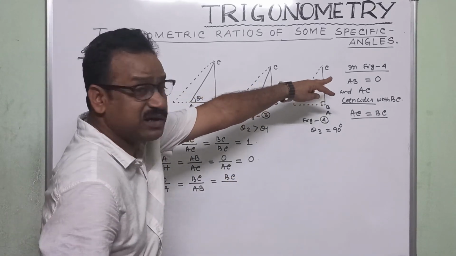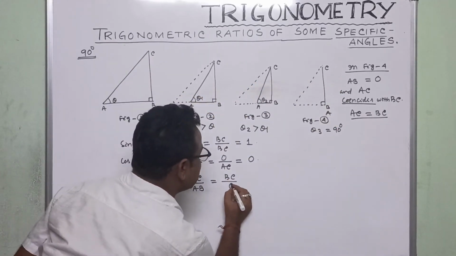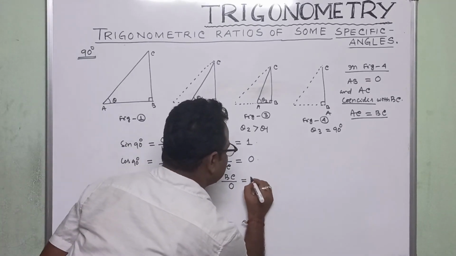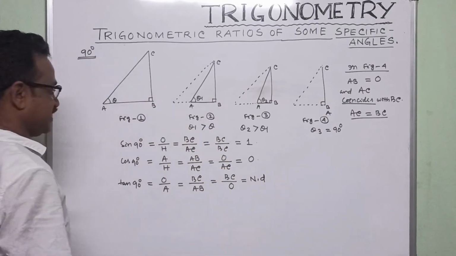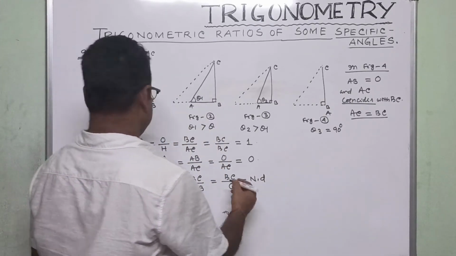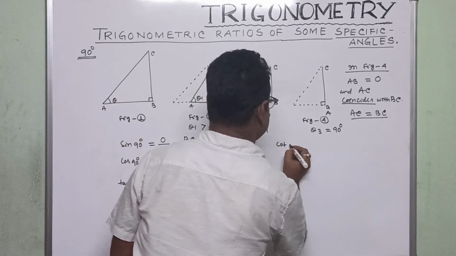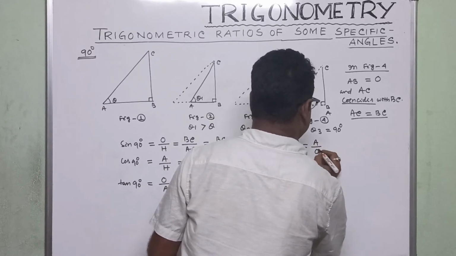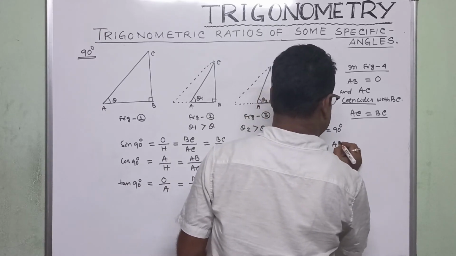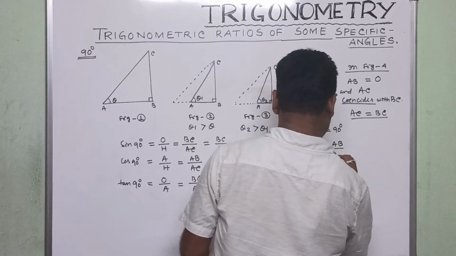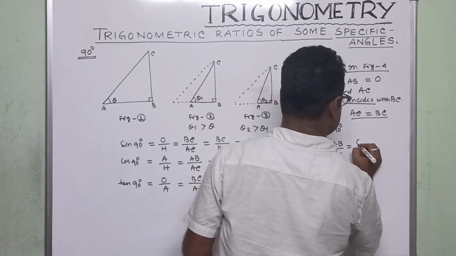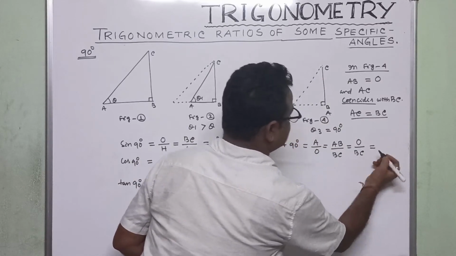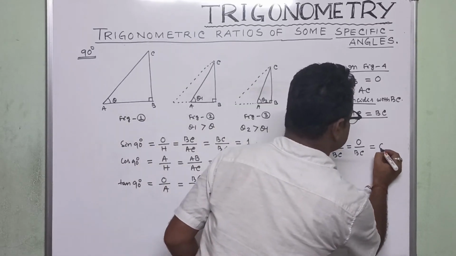AB is becoming 0, so BC by 0, something by 0, is not defined. Now cot 90 degree is equal to adjacent by opposite, AB by BC, which is 0 by BC, and 0 by something is 0.